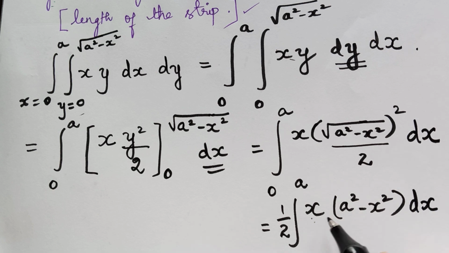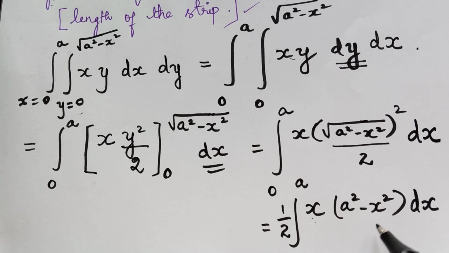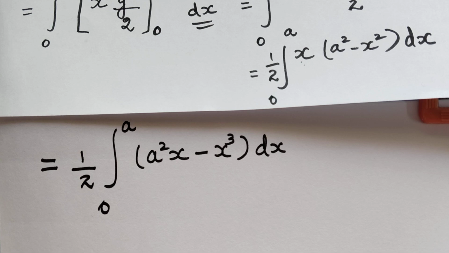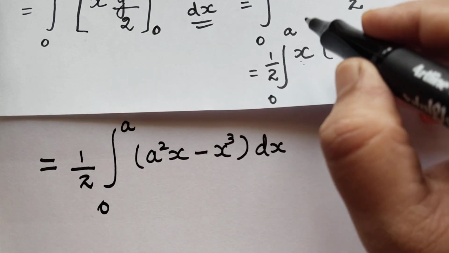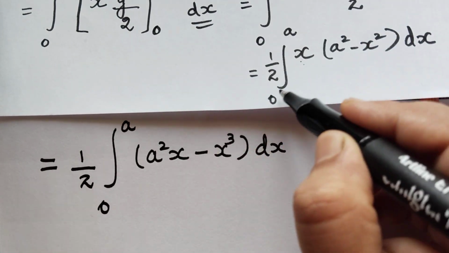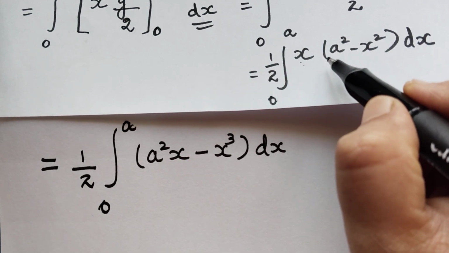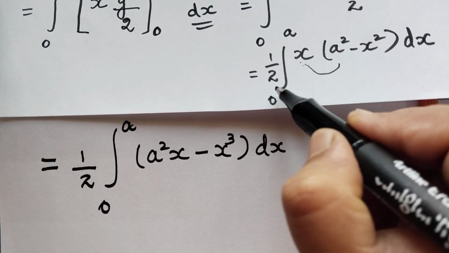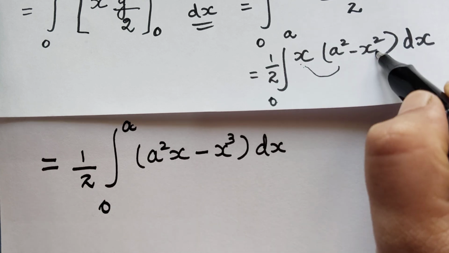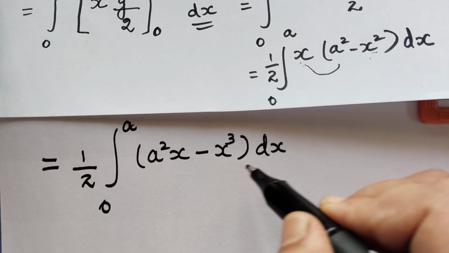Now we shall multiply this x inside the bracket. So 1 by 2 comes as it is, integral 0 to a, and when x is multiplied within, it will be a squared x minus x multiplied with x squared, which is x cube, dx.